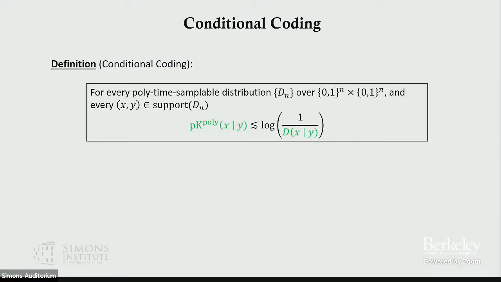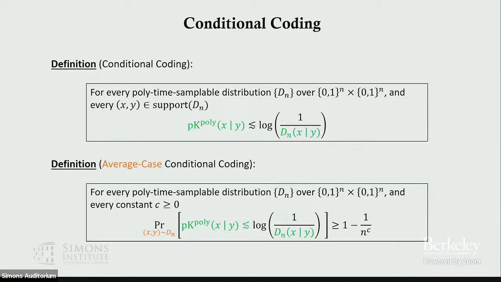Now, what is conditional coding? Conditional coding says that for every polynomial time sampleable distribution D, which now is on 2n bits, so it samples a pair, and for every pair X and Y in the support of D, the PK poly complexity of X given Y is at most log 1 over the probability of X conditioning on Y. We call it conditional coding because here we want to relate the PKT complexity of X given Y to the probability of X conditioning on Y. That's conditional coding.